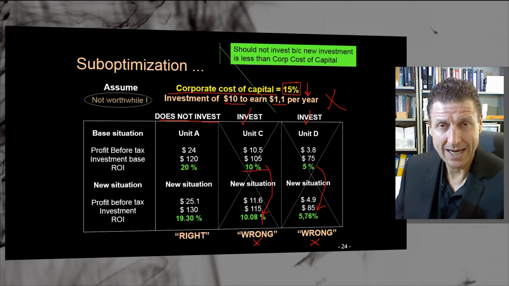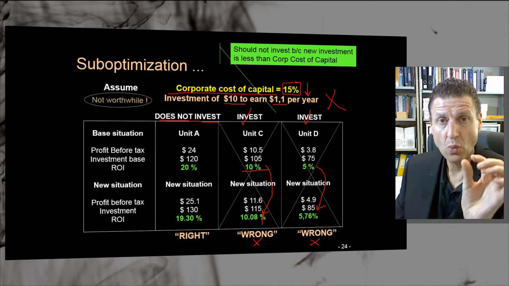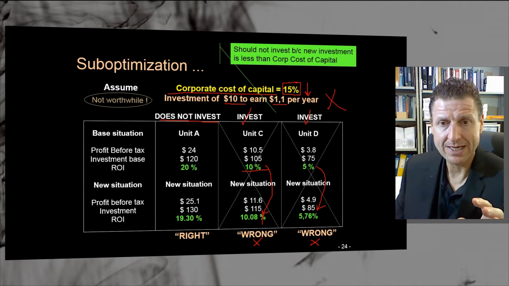So you can see how this conflict between what divisions see as a good investment and what corporate sees as a good investment shows out when a project has a return that is in between the corporate cost of capital and the division's current return on investment.